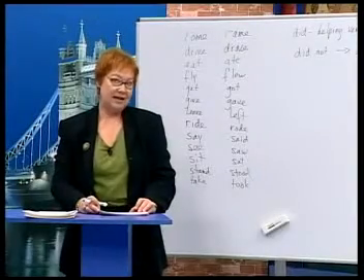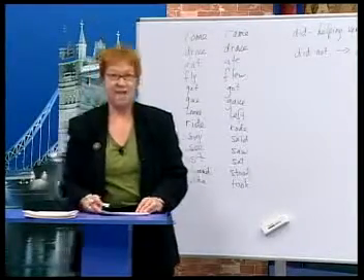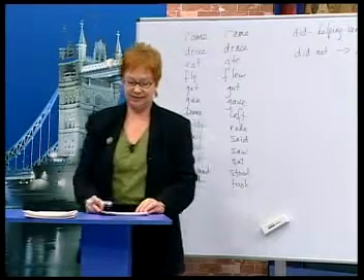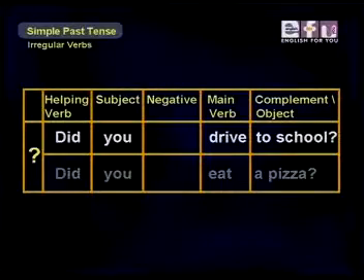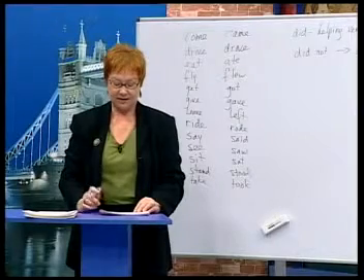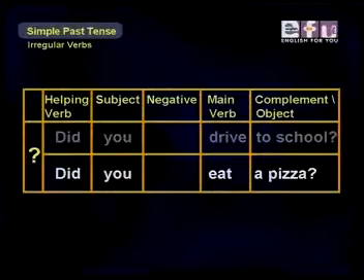Now we have two examples for questions. Past questions. Did you drive to school? Helping verb, subject, main verb, and complement. And the second example, did you eat a pizza? Helping verb, subject, main verb, and object.